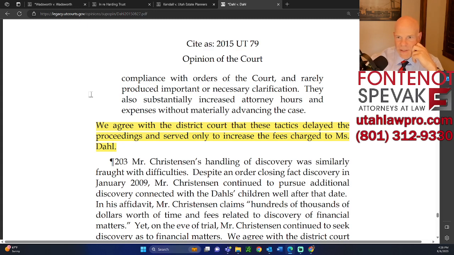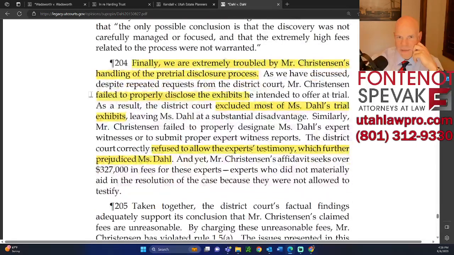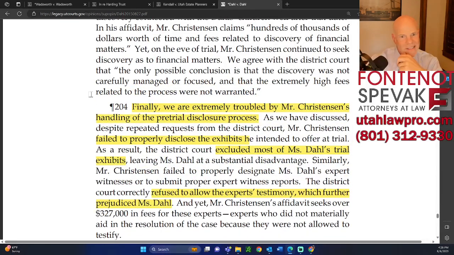We agree with the district court that these tactics delayed the proceedings and served only to increase the fees charged to Mrs. Dahl. Wow. So that just goes to reasonableness. Clearly not reasonable.